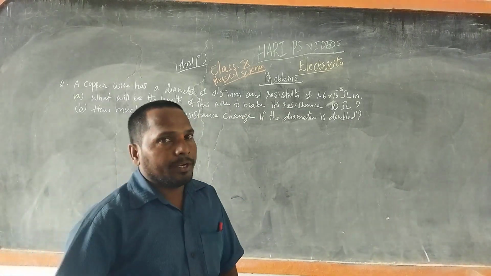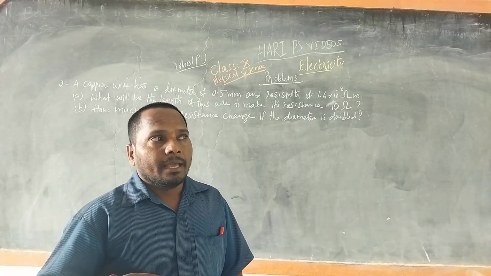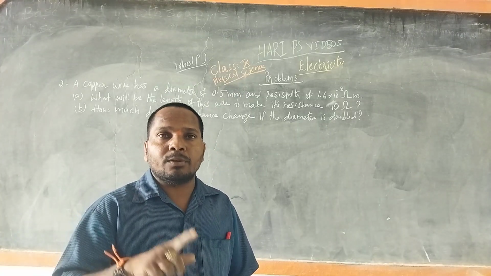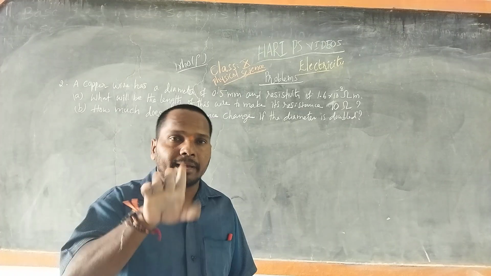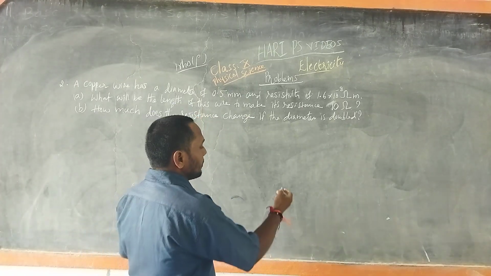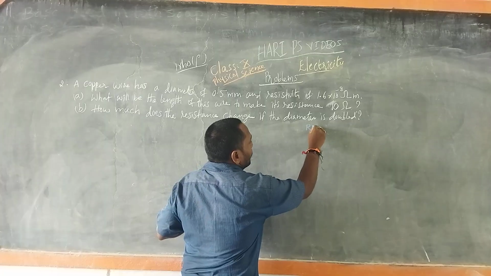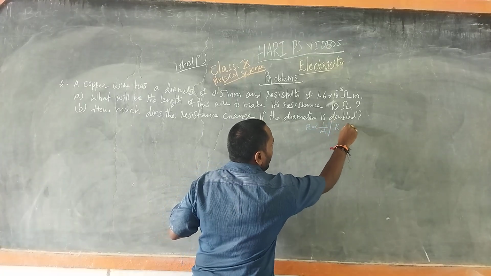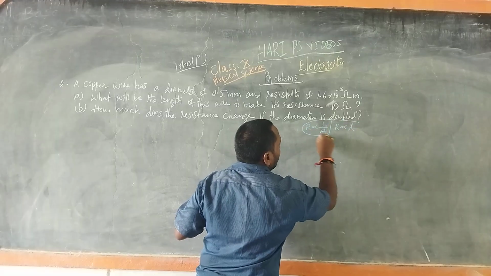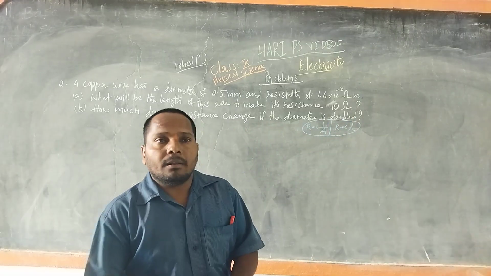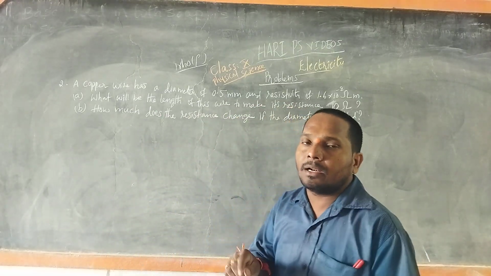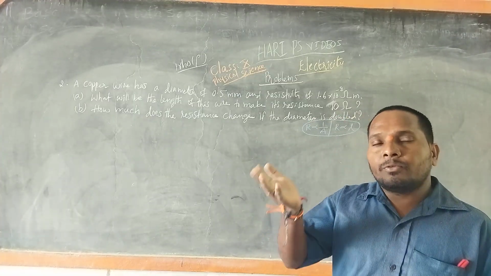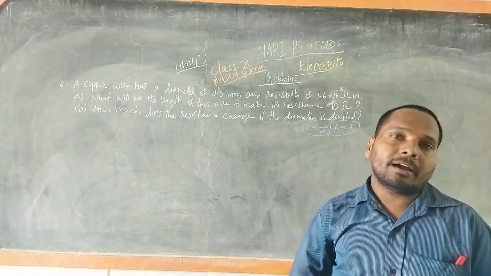As we discussed previously, resistance of the conducting wire is inversely proportional to the area of cross section, that means R is proportional to 1 by A, and also R is directly proportional to length.